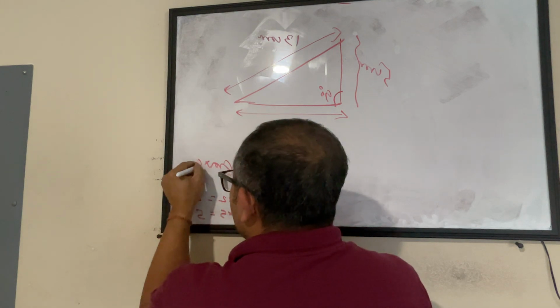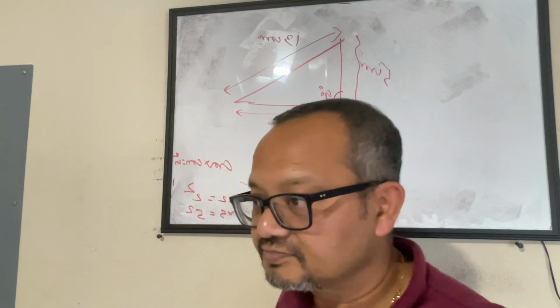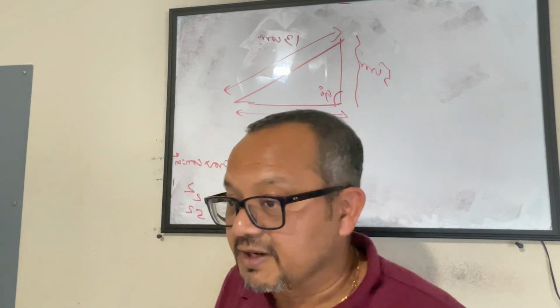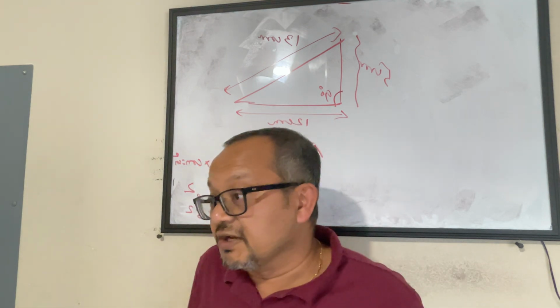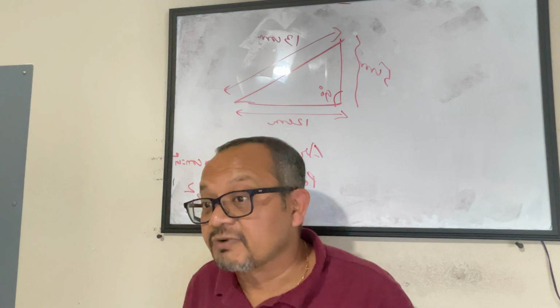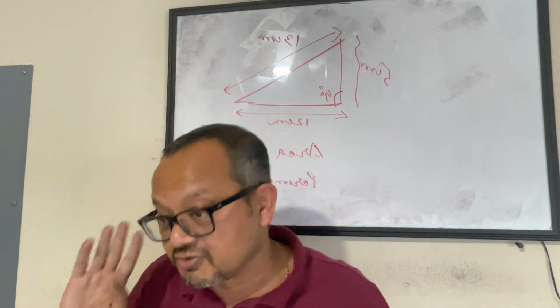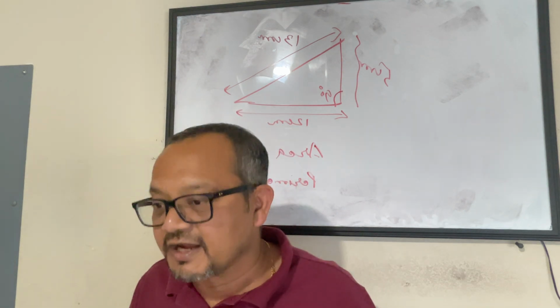Centimeter into centimeter becomes centimeter square. One good thing that I observed with everybody here: whoever solved for area did not say 120 centimeter. They said 120 centimeter square or 196 centimeter square. So at least I am confident that you guys are calculating in the right way.